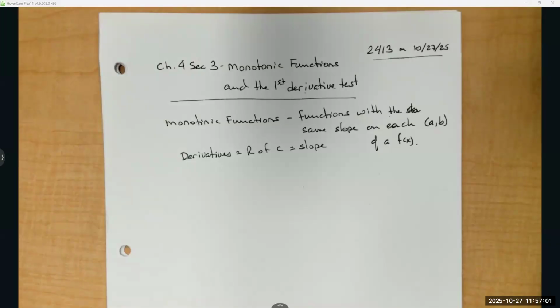But let's think about it. There's only three slopes we can have in a function. What are they?